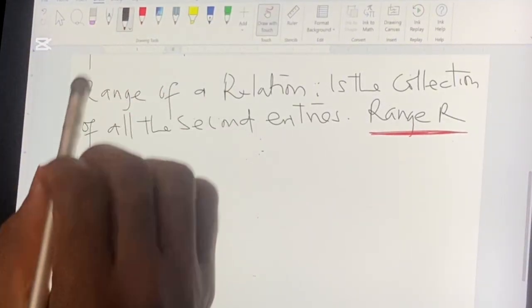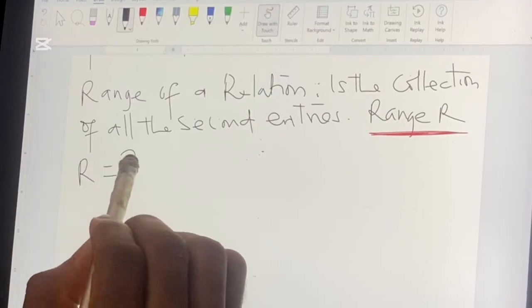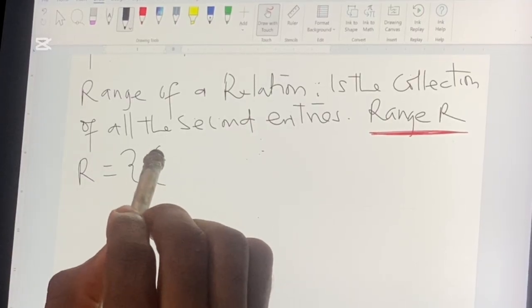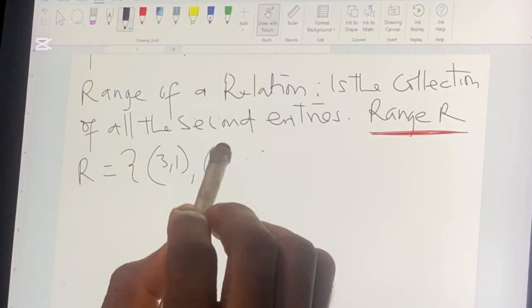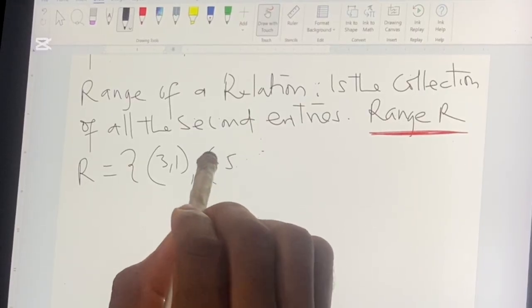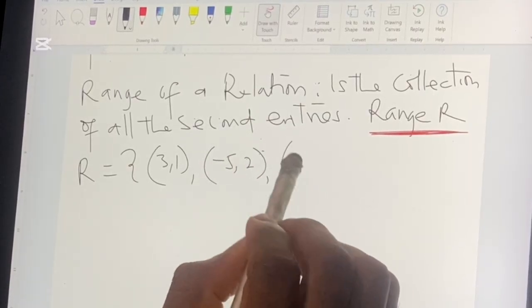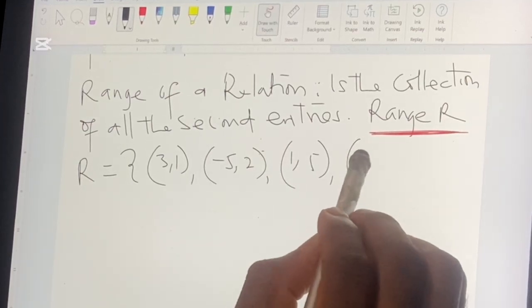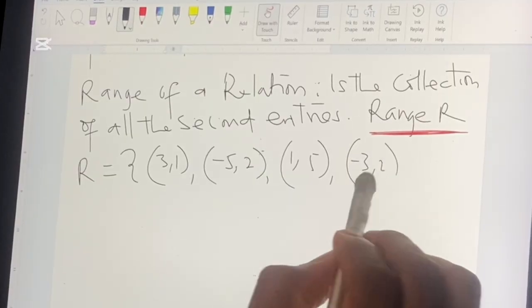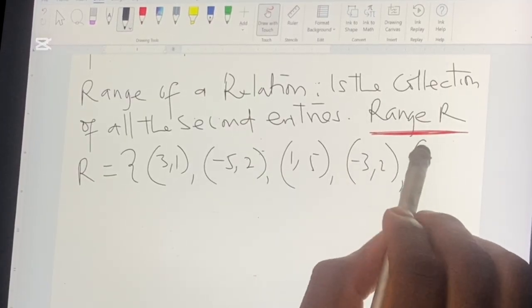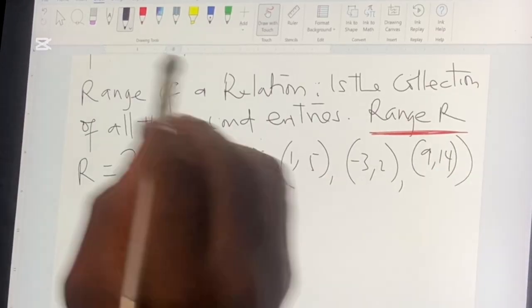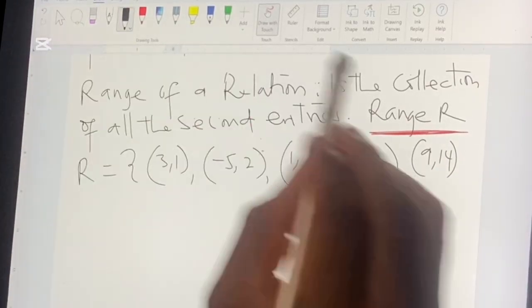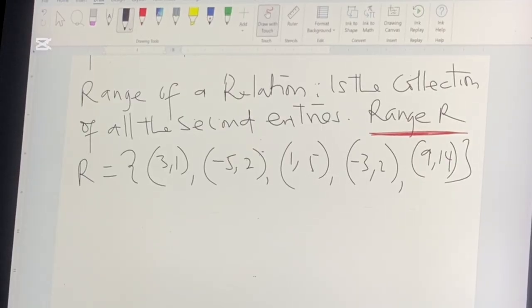The relation given to us here is relation R is equal to the set of (3, 1), (-5, 2), (1, 5), (-3, 2), (9, 14). And we're asked to find the domain of this relation.